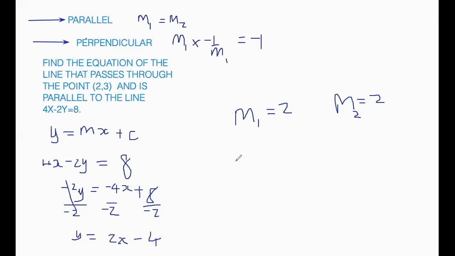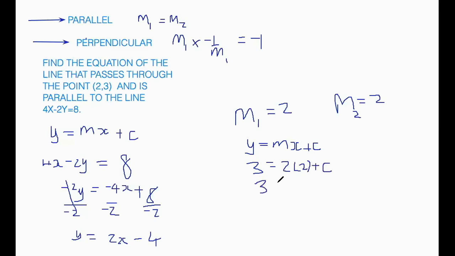So calling the next one M2, we're going to write the equation of the line y equal mx plus c, and we're now going to substitute the information. So y using the point 2, 3 is 3, and gradient is 2, x is 2 plus c.